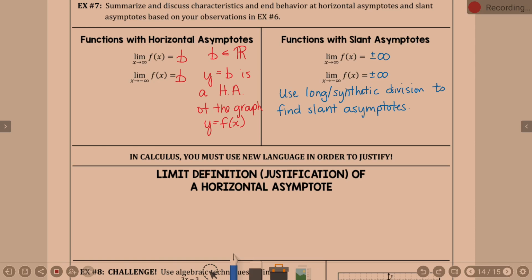Now, if you need to, you can test values to find end behavior. I'm not even sure you really need to do that necessarily, but okay.